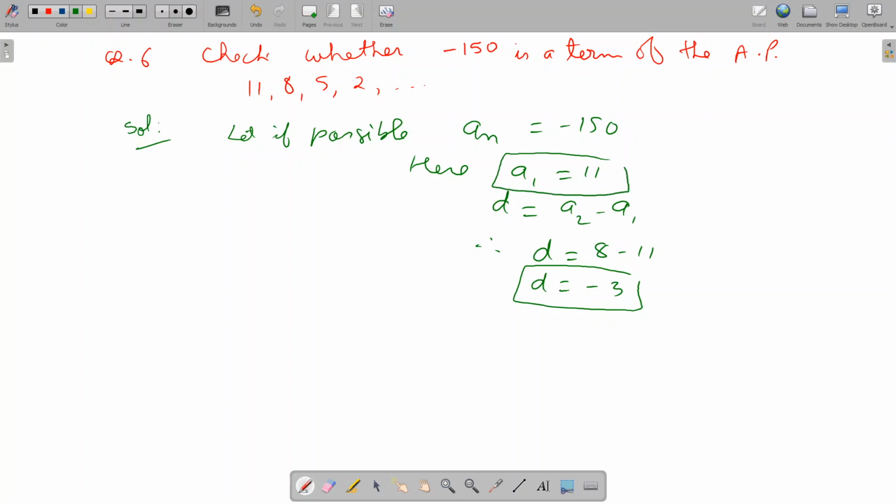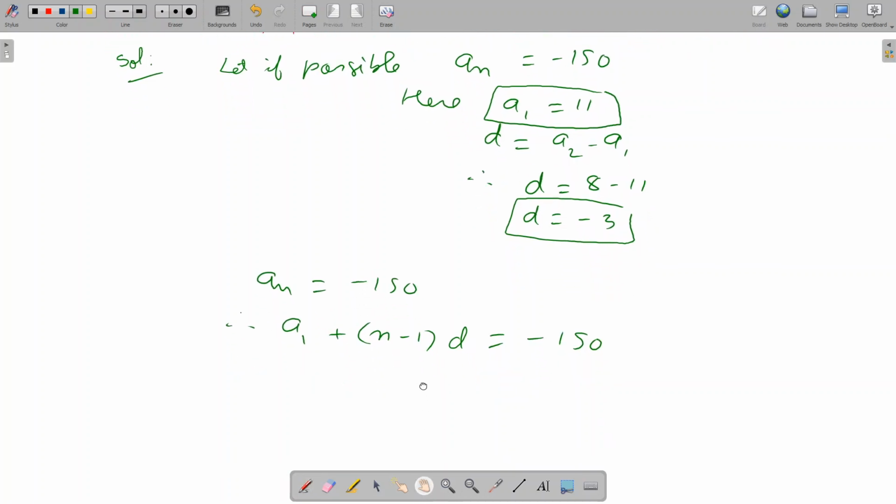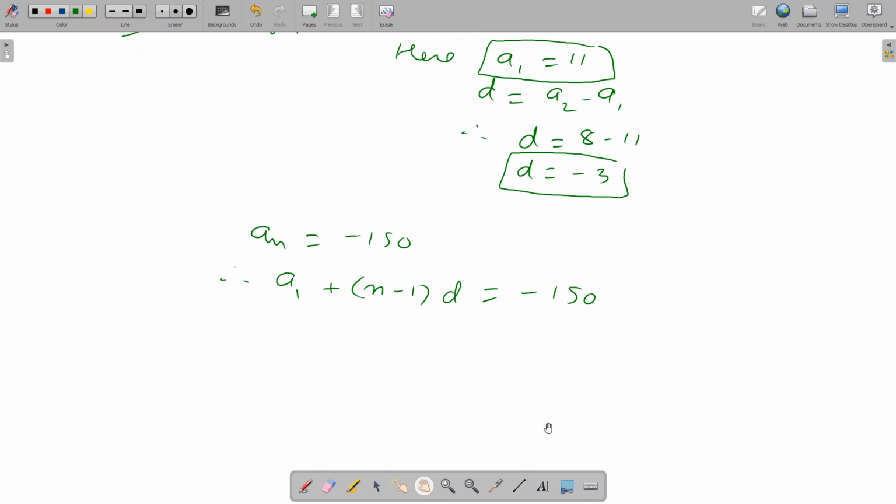So this we will put in the an. So we have an equal to minus 150. Therefore, applying the formula, we get a1 plus (n minus 1) into d equal to minus 150. Now, we will put the values of a1 and d in this one and then obtain the value of n. What is our a1? a1 is 11.